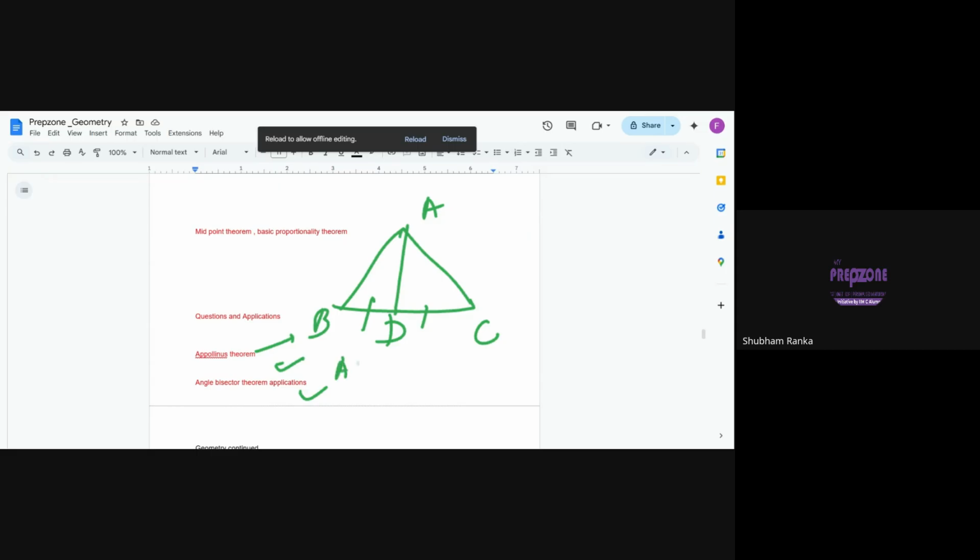Then what do we know: AB square plus AC square is equal to twice of AD square plus the half of base BC, square. Base ka half square. You can also use it as DC interchangeably, which is the same as half the base.